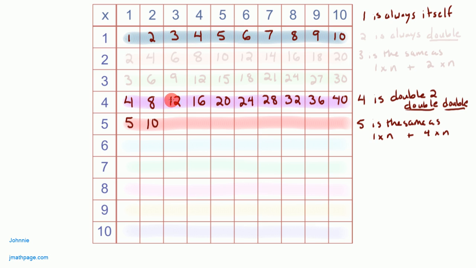So 3 plus 12 is 15. 5 times 4 is the same as 1 times 4 plus 4 times 4. 4 plus 16 is 20. 5 times 5, 1 times 5 plus 4 times 5, 5 plus 20, 25. 5 times 6 is the same as 1 times 6 plus 4 times 6. 6 plus 24 is 30. 5 times 7 is the same as 1 times 7 and 4 times 7. 7 plus 28 gives us 35.